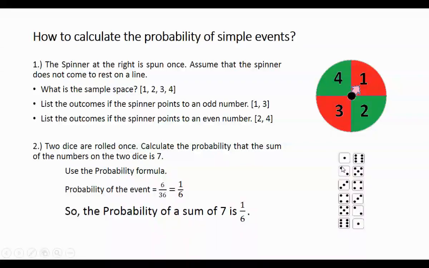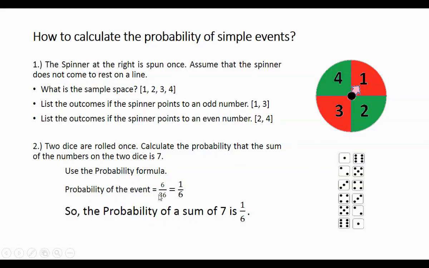So to calculate the probability of the event, it is simply the number of favorable outcomes over the possible outcomes. We have 6 over, since we have 2 dice, 6 times 6. Our denominator here is 6 times 6 because we have 2 dice, so that is 36. Our numerator, 6, is the list of all the possible outcomes for 7.